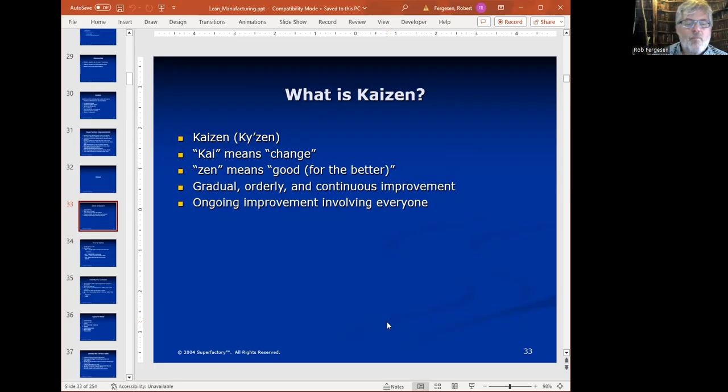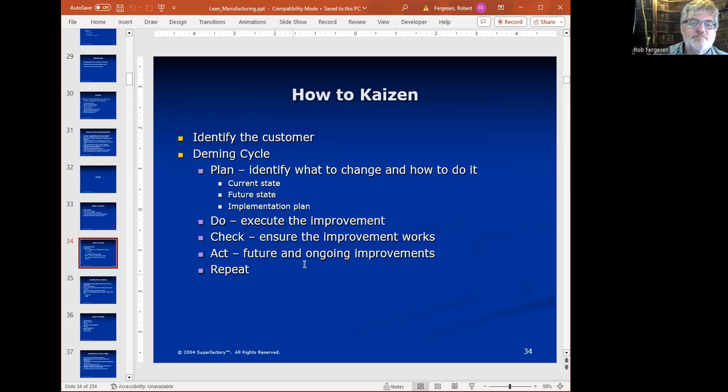Kaizen is a common manufacturing improvement process. It is essentially very similar to Agile in terms of approach, and it's always based on the customer's needs. Kaizen is a business or process improvement methodology.